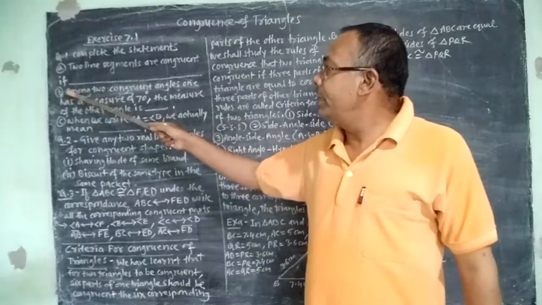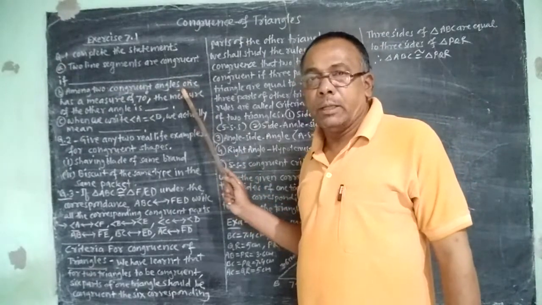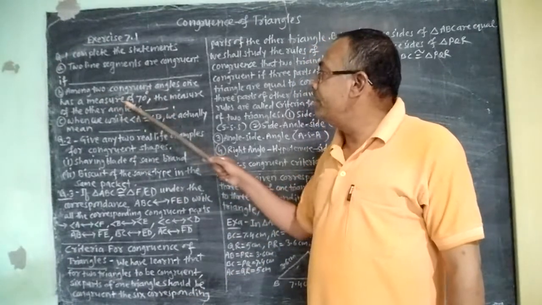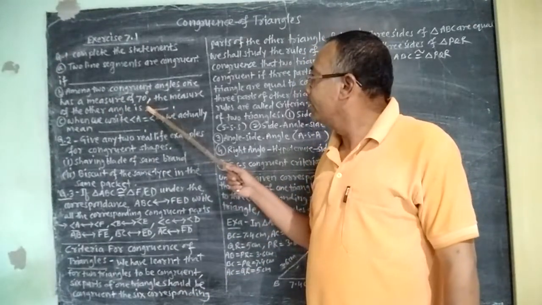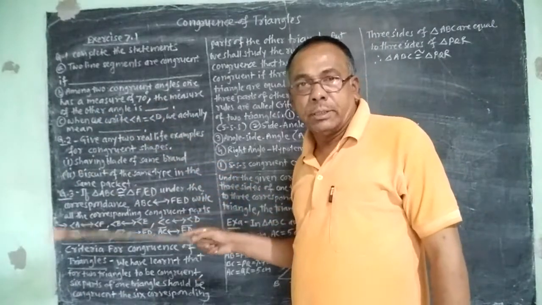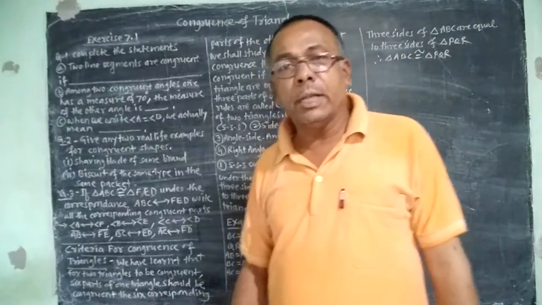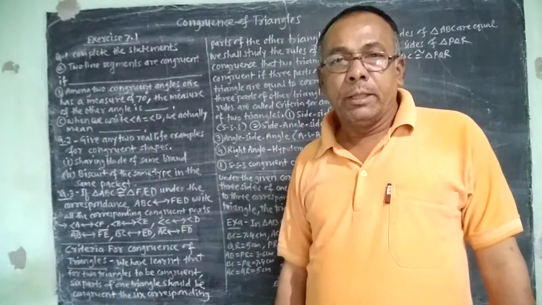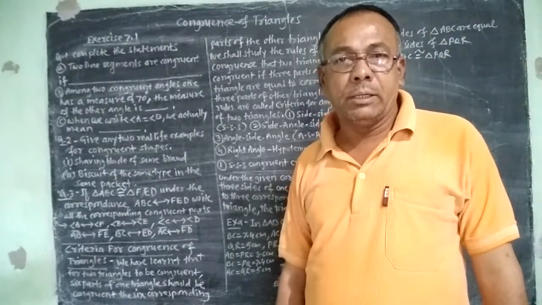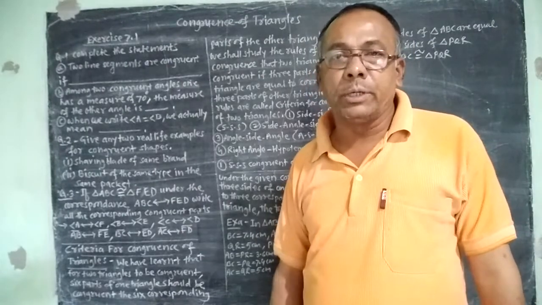Then question B is, among two congruent angles, one has a measure of 70 degree and the measure of the other angle is dash dash. In the last lecture we have seen that if the measures of the two angles are equal, then both the angles are congruent.